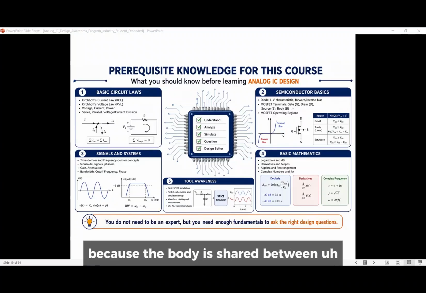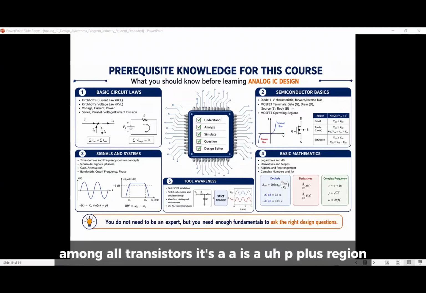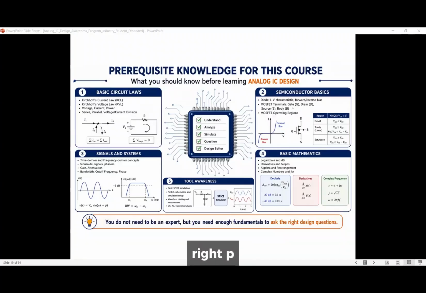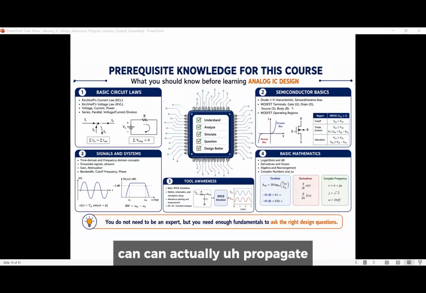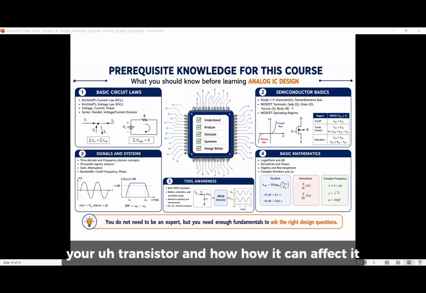Because the body is shared among all transistors, it is a P-minus region, the substrate. The harmonic can propagate along the silicon substrate to affect your transistor.